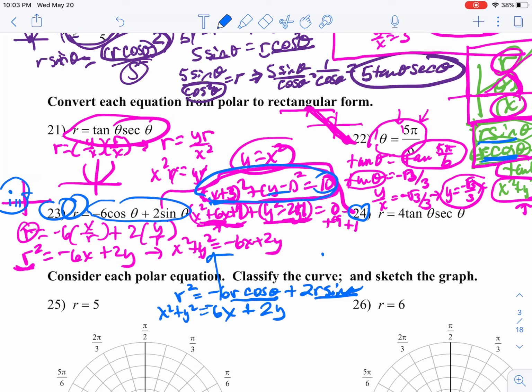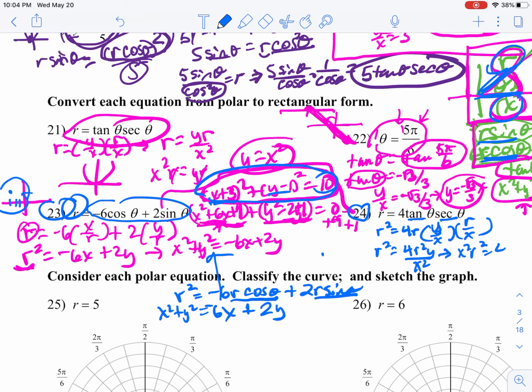So on this one, it might help to introduce an r into both sides, but not probably with tangent and secant. It might work. Let's try it. If I introduce an r, I get r squared on this side and 4r on this side. Tangent theta is y over x. Secant theta, if you're looking at secant of theta, you're going to have r over x. And so I have r squared equals 4r squared y over x squared.